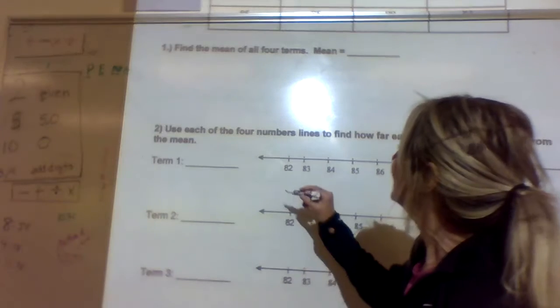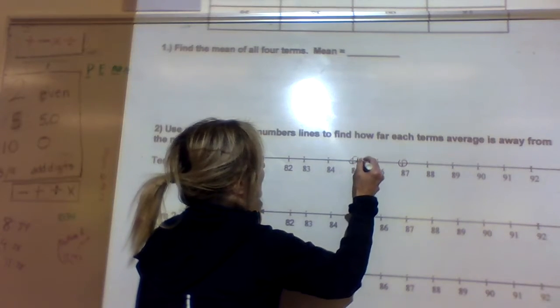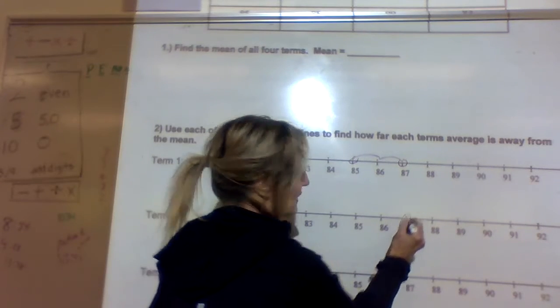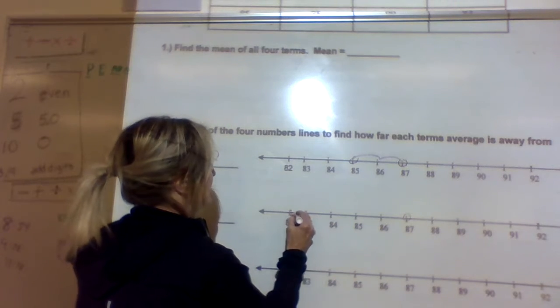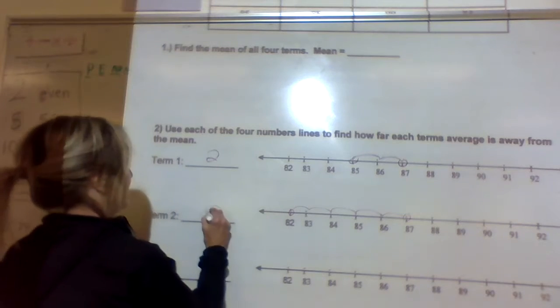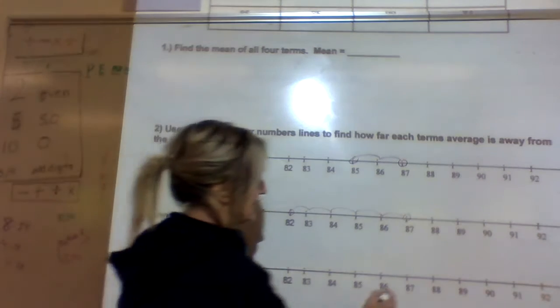Then we want to see how far everything deviates. The first piece of data was 85. Our mean is here, our data is here, so we can see there's a distance of 2. The second piece of data, our mean is 87 and it was 82, so there's a distance of 5. We're still at 87.